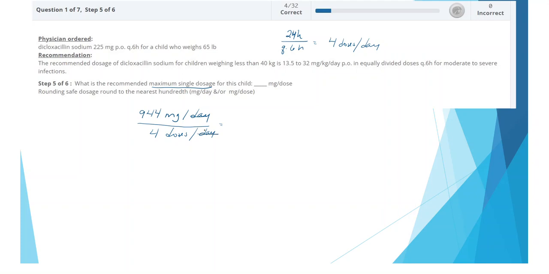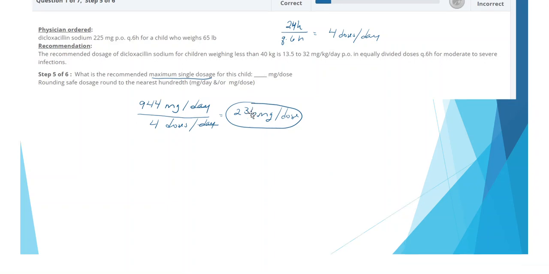So my days cancel, and I'm left with milligrams per dose. So 944 divided by 4 is 236 milligrams per dose. So that's for a single dose. We need to remember this, and that's our maximum.